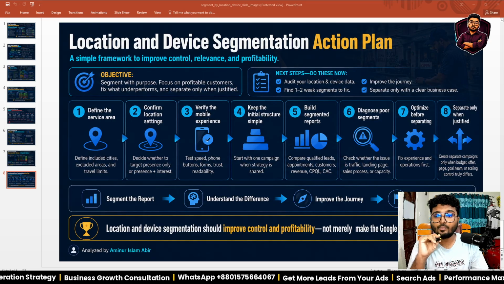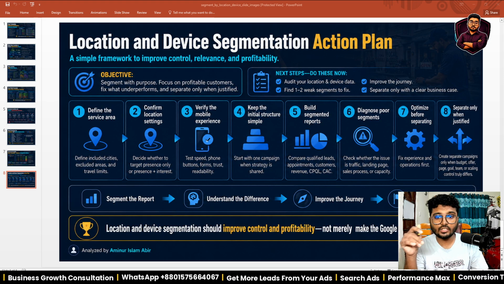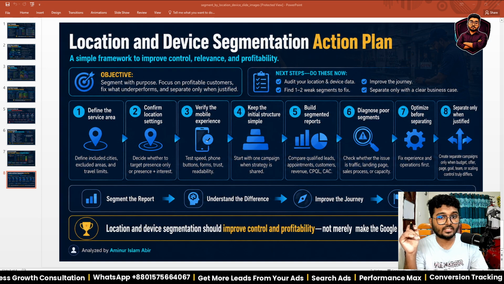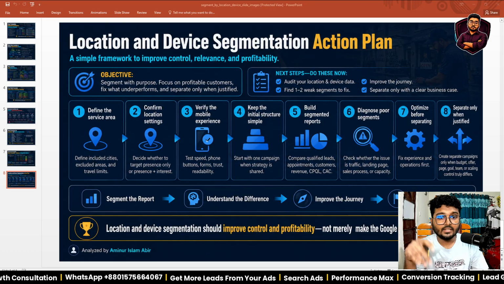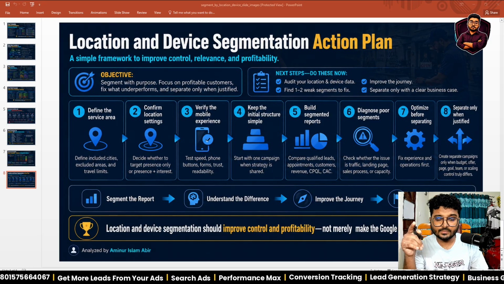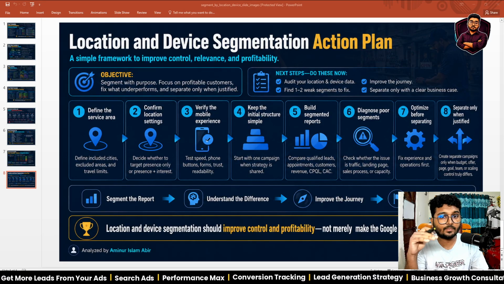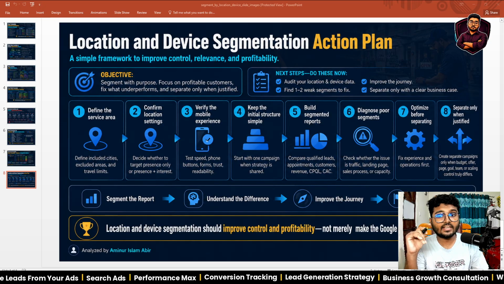Step 7, optimize before separating. Fix the customer experience or operational bottleneck first, then review whether the performance difference remains. Step 8, separate only when justified. Create an independent campaign when the segment needs its own budget, a different offer, another landing page, a different conversion goal, a separate team, or independent scaling control.